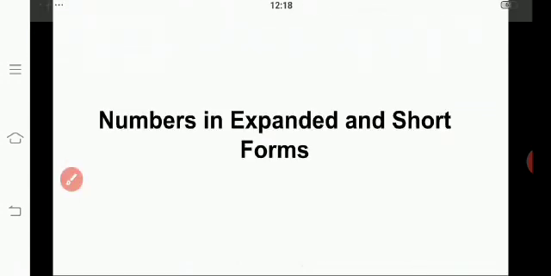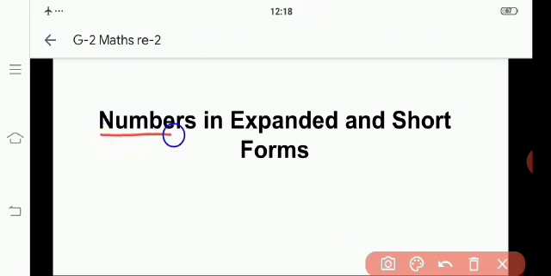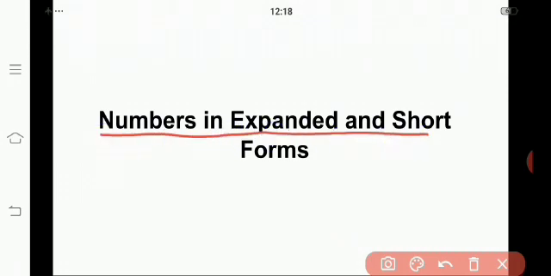Next one, we are going to revise numbers in expanded and short forms. See children, what is meant by expanded form?